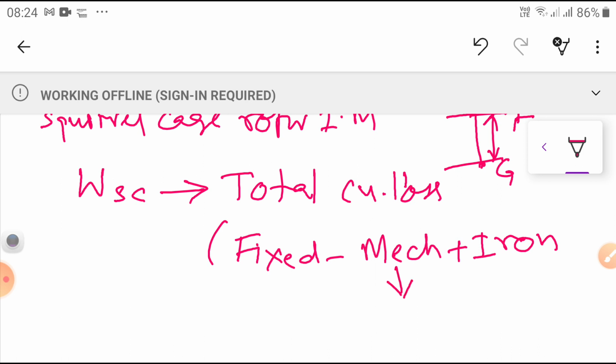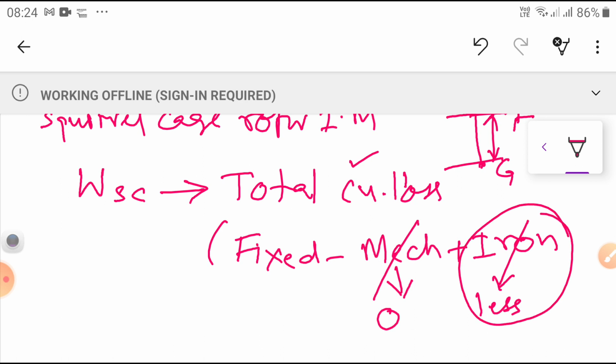It is blocked, so rotor speed is 0, and it becomes 0. The iron losses are very small as compared to the copper losses, so we neglect the iron losses also. That means whatever the wattmeter shows during the short circuit blocked rotor test on an induction motor, we assume it as the total copper losses.